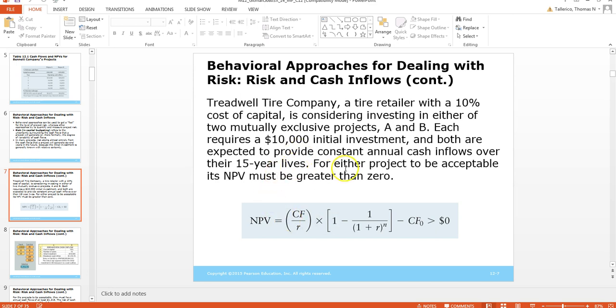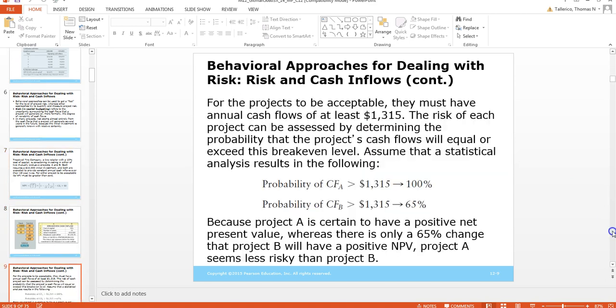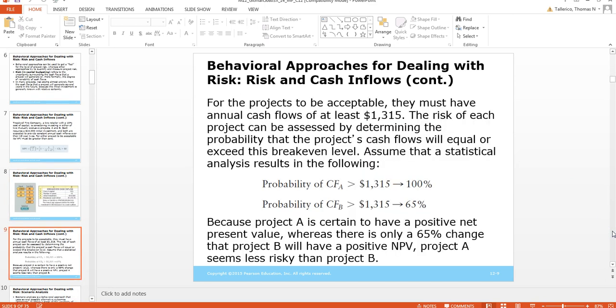Okay, so for either project to be acceptable, the net present value must be, as we said, greater than 0. So for the projects to be acceptable, they must have, as we just showed, annual cash flows of at least $1,315. And you can see here that there is a statistical approach.